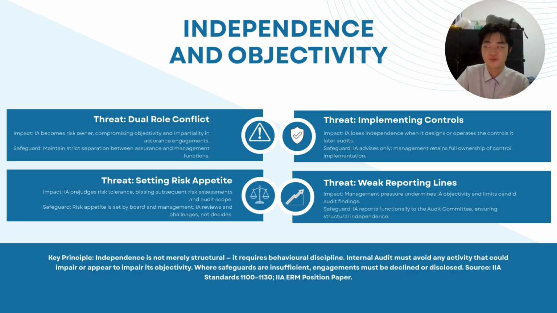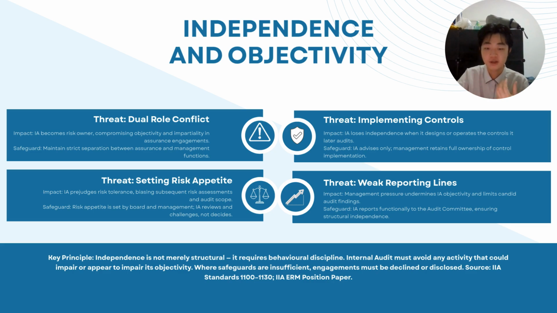This becomes a self-review problem. If the internal audit sets the risk appetite, it may also affect future risk assessments and audit planning. If internal audit reports only to the management, pressure may affect their final audit findings.